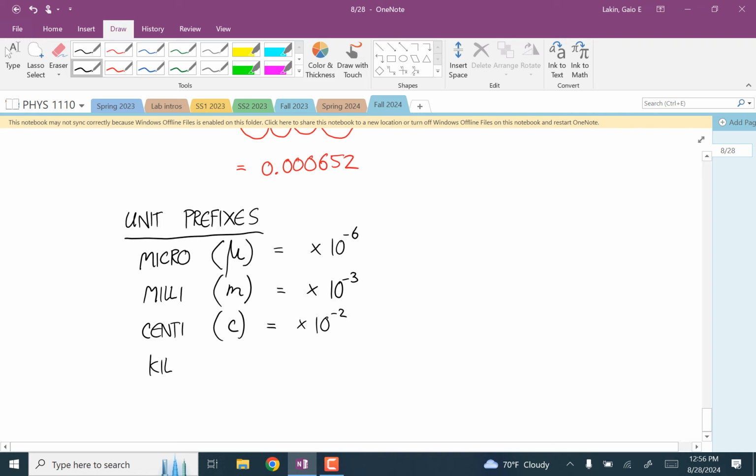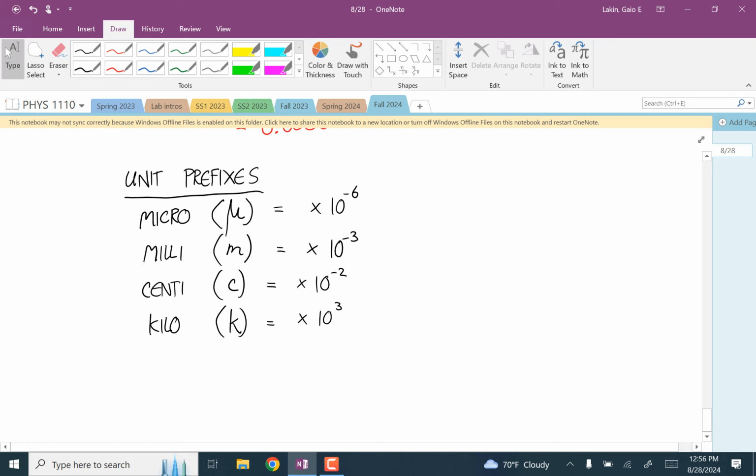Kilo is a lowercase k, and that means times 10 to the positive 3. And mega is a capital M, and that means times 10 to the positive 6.